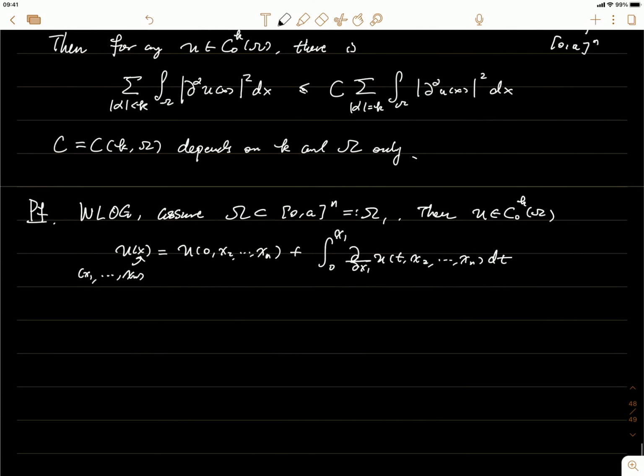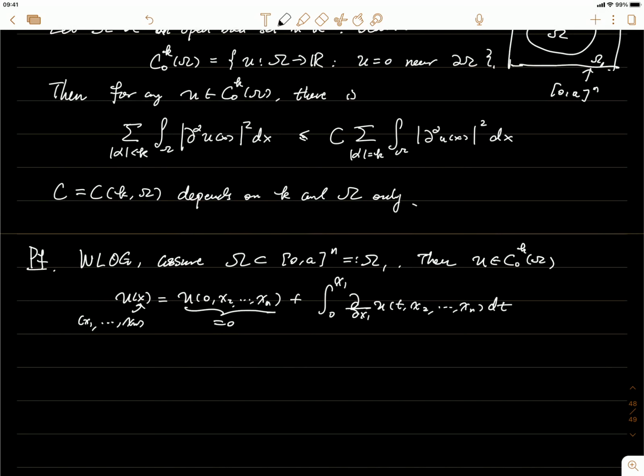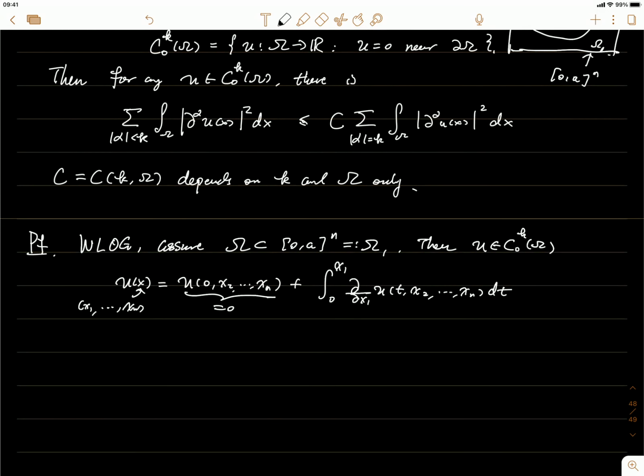This is by the fundamental theorem of calculus. But the first term is equal to 0 since it's on the boundary of omega 1. So I only have the second term, the integral term, left.